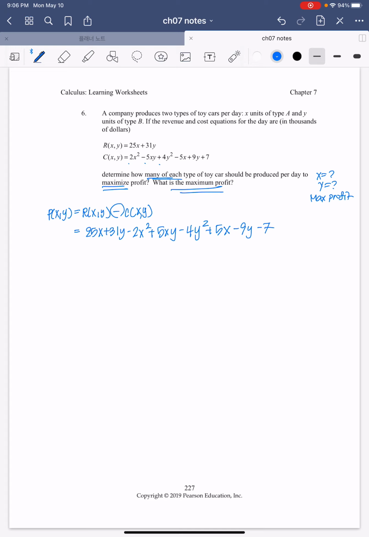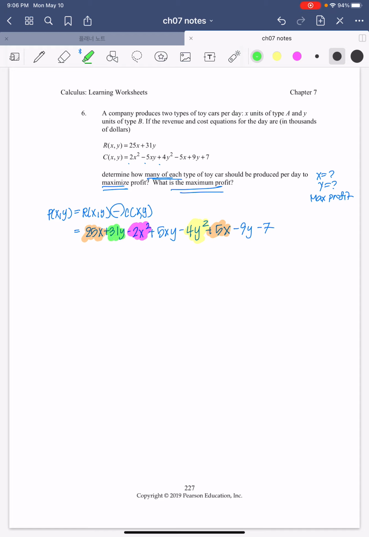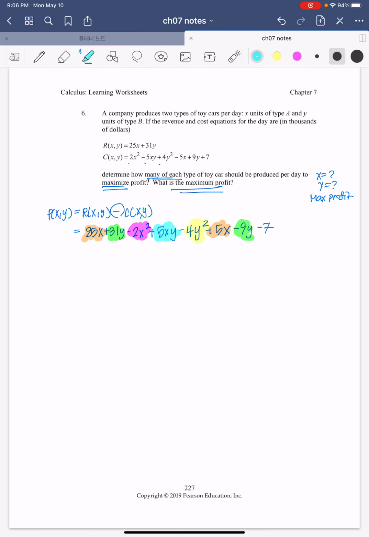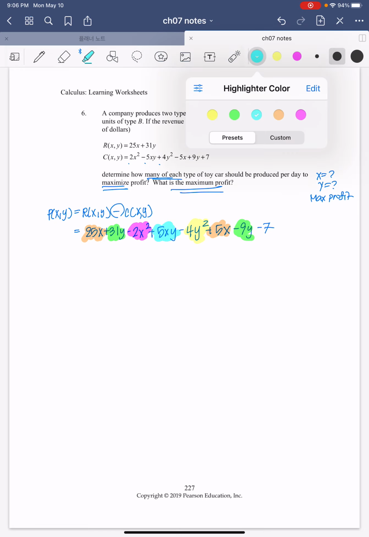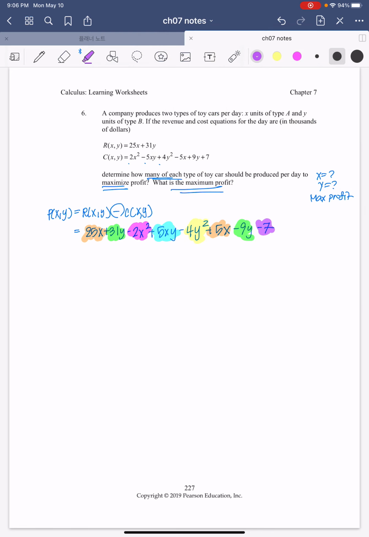Let's combine like terms. So I have x squared term alone, y squared term alone. I have 25x with the 5x that I can add together. I have the y term that I can add together. And then this will be alone, and this will be alone.